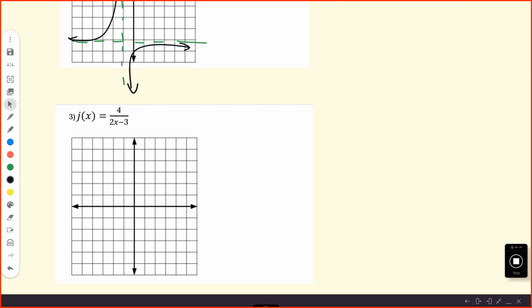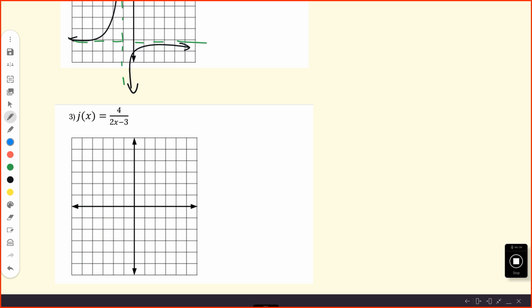How would that work with it? So we're just estimating the graph. That'd be a stretch of 2? It is stretched by still 4, but then your vertical asymptote will not be just 3 because of that 2 there. Yes, 3 halves.